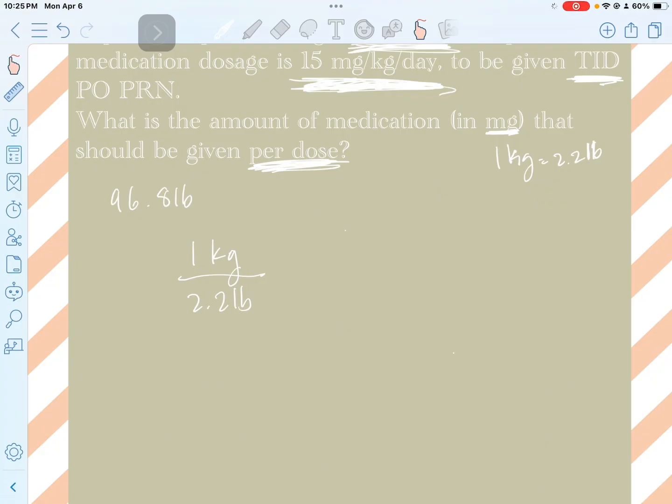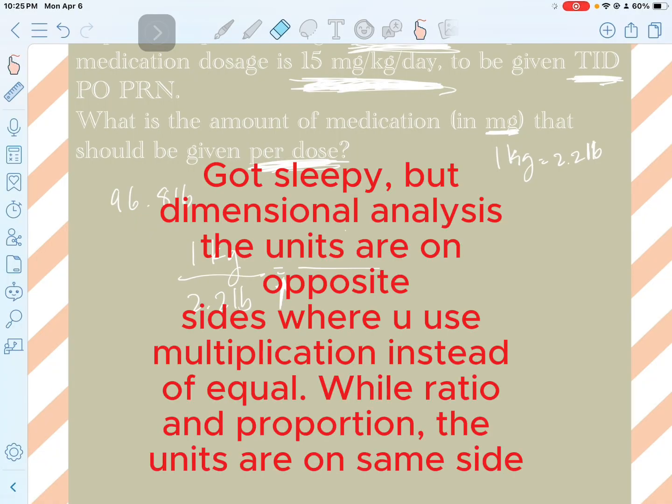They represent one another. When you do the equal, remember the denominator is always the same, which is different from dimensional analysis, which is multiplication. I'm going to show you both ways so you can see how they're different.